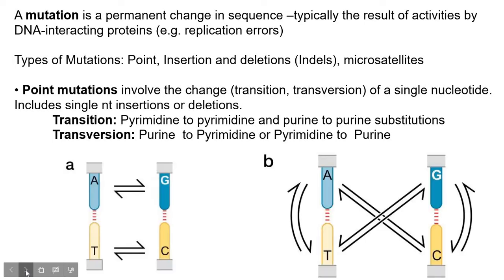So here as an example, this will be your transition. That's where either these two purines can interchange, or these pyrimidines can interchange. They can substitute each other. So that will be a transition mutation. Transversion is when it's between purine and pyrimidine, or pyrimidine and purine.